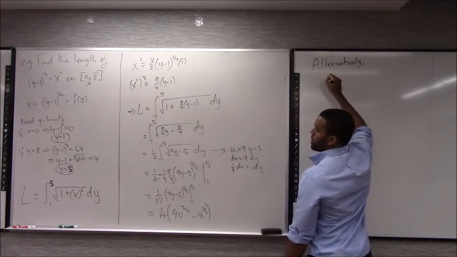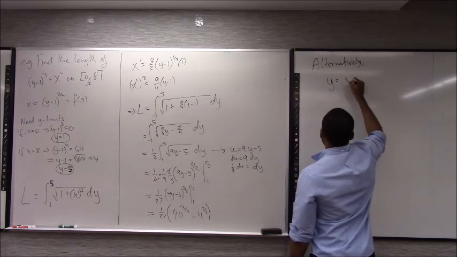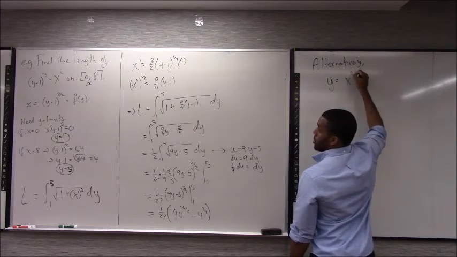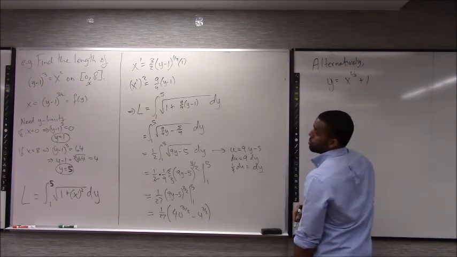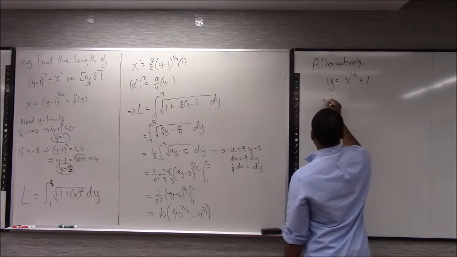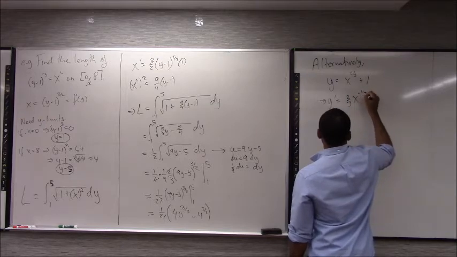Alternatively, we could have just solved for the y. So that'd be x to the 2/3 plus 1. And so we'd end up with y prime is equal to 2/3 x to the minus 1/3.